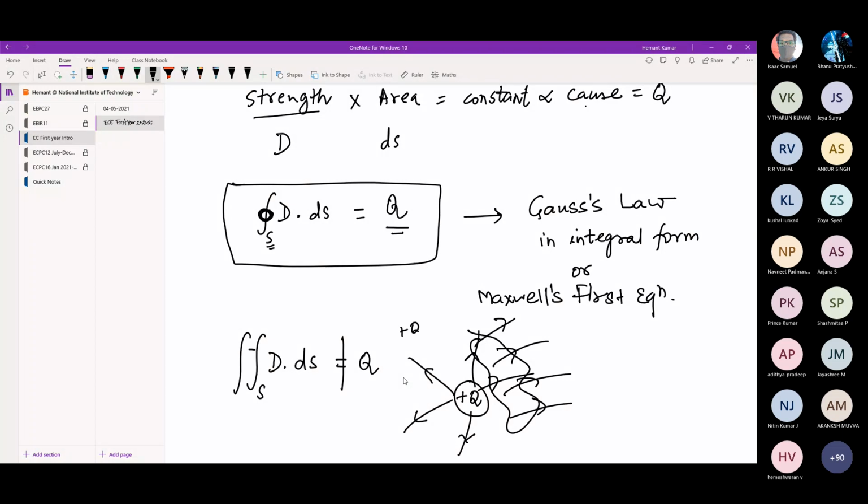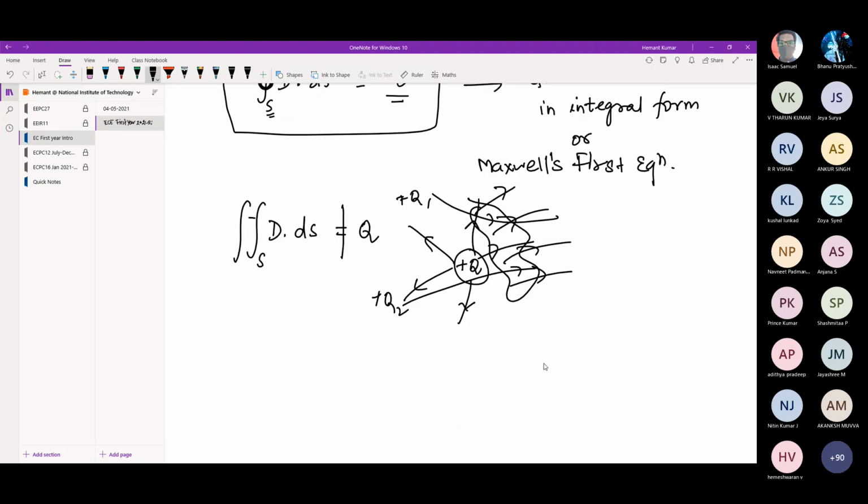There might be other charges here also, say another charge Q2, and some flux will be because of that too, right? So in this case, the law will not hold. It is not valid.